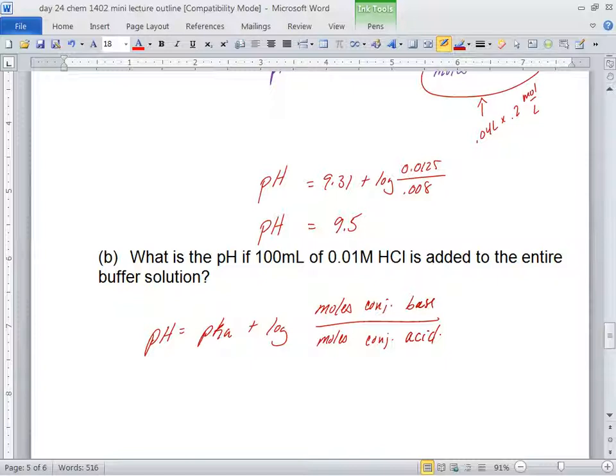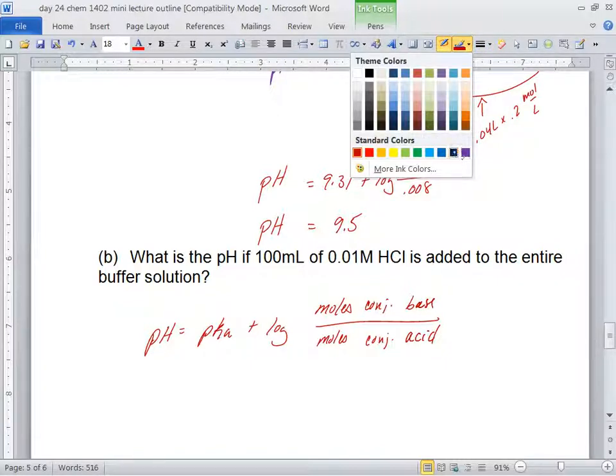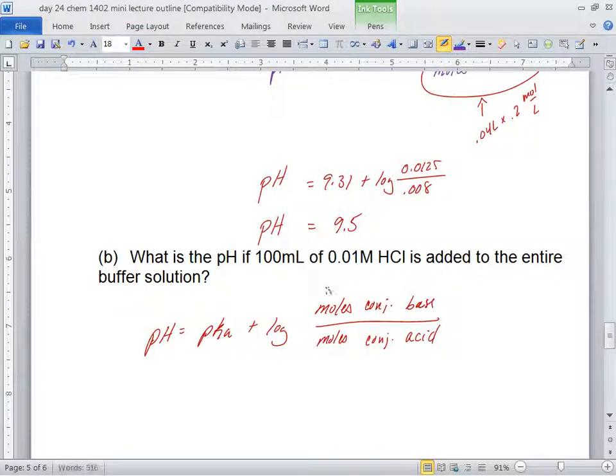So we could actually modify this a little bit. We could say initial moles of conjugate base minus the moles of, what would you want to say? You know, put it in terms of English.